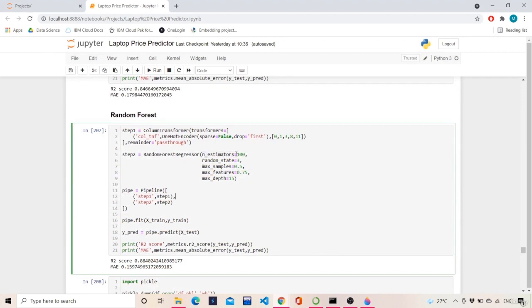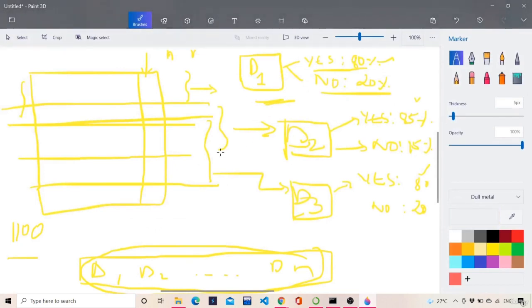Over here I kept n_estimators to be 100, which means I'm using 100 decision trees, and random_state is equal to 3. That means whenever I run this algorithm, the state of the dataset selection should be 3. And then max_samples I'm taking to be 0.5, max_features to be 0.75, and max_depth to be 15.